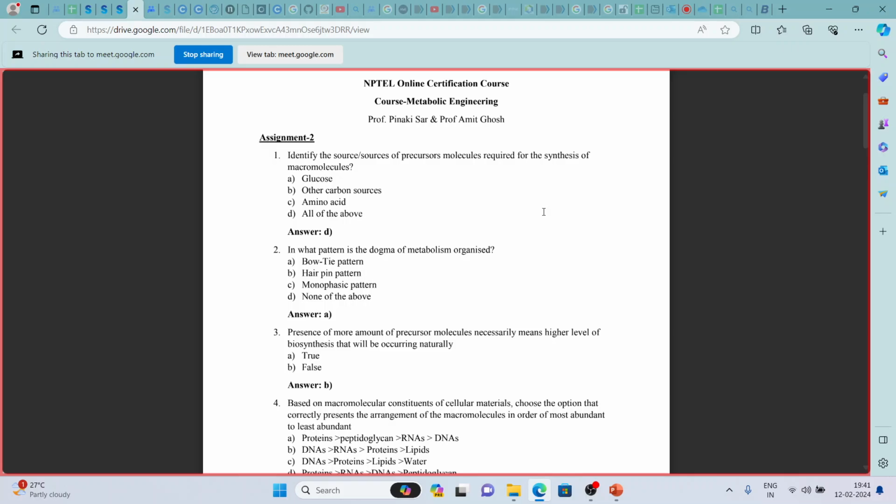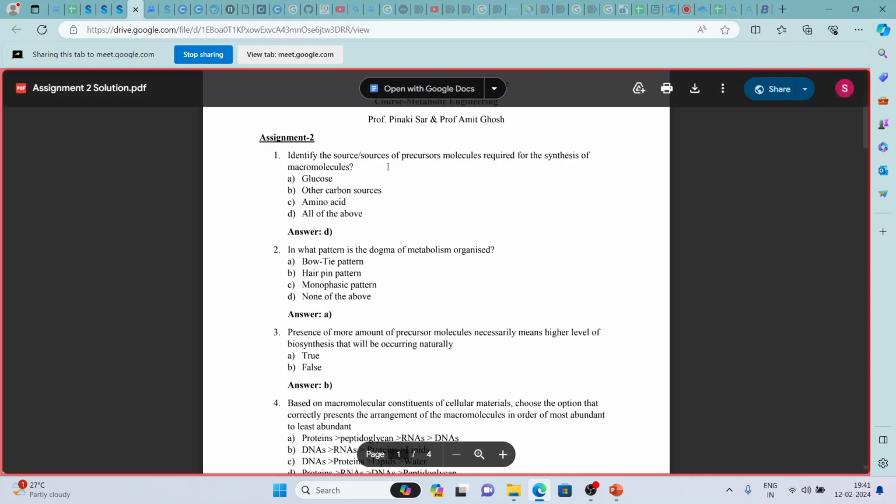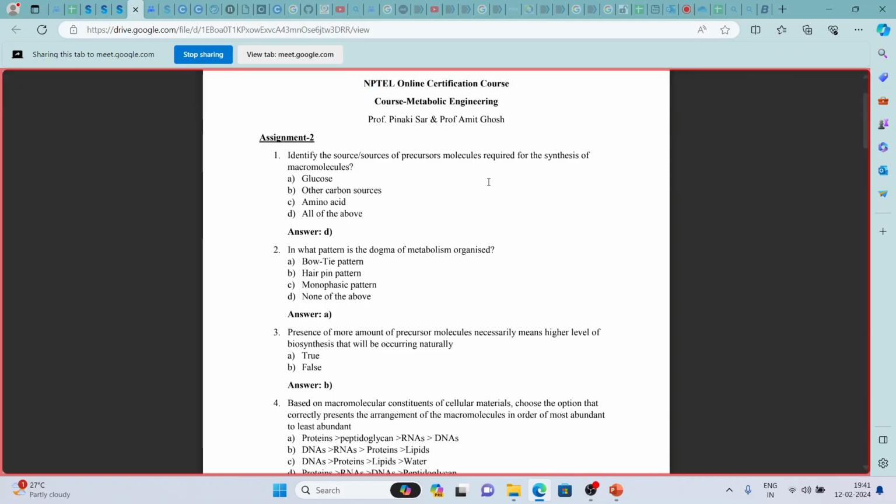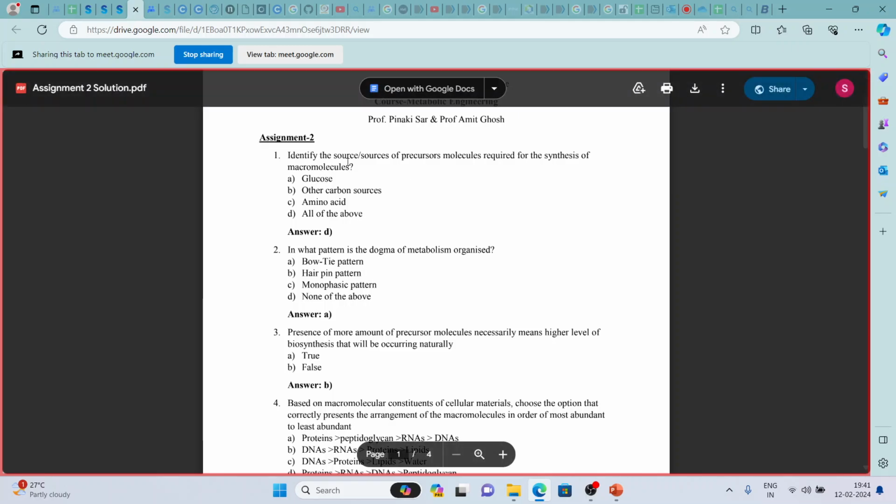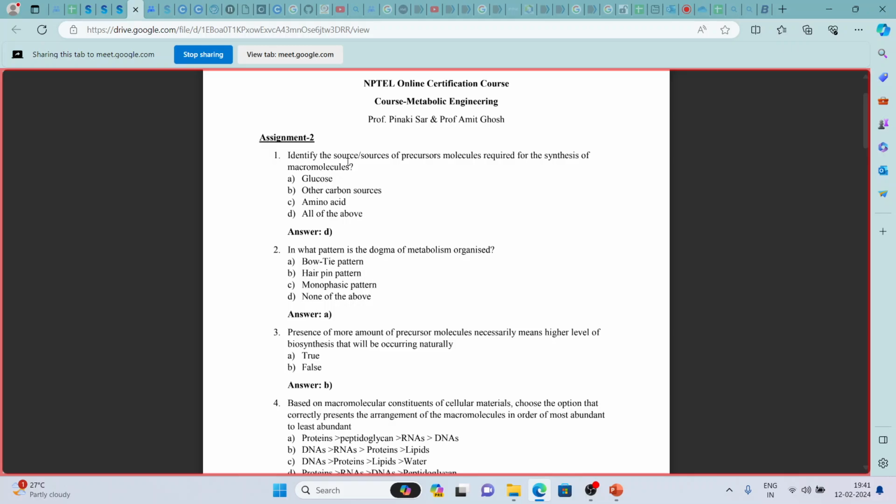So, because they're asking about source or sources of precursor molecules required for synthesis of macromolecules, first we look at what precursor molecules are and what macromolecules are. Precursor molecules are among the 12 different metabolites, small molecules, that are produced within the cell when sugars are taken up from media.